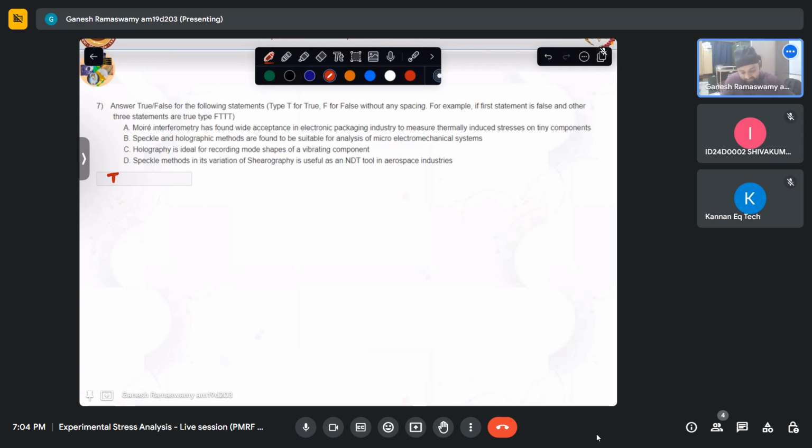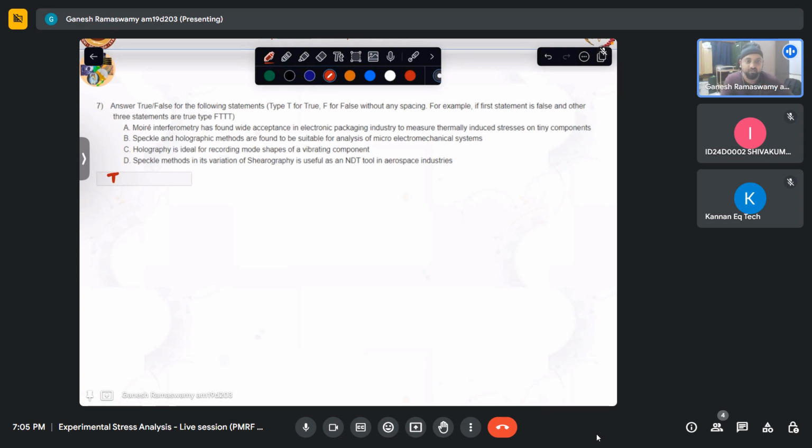Since this is a vibrating component, it can easily measure its displacement vector, from which your mode shapes can be reconstructed. Given one stimulus, your mode shape can be reconstructed. So holography is very much ideal for that, provided it is done carefully.